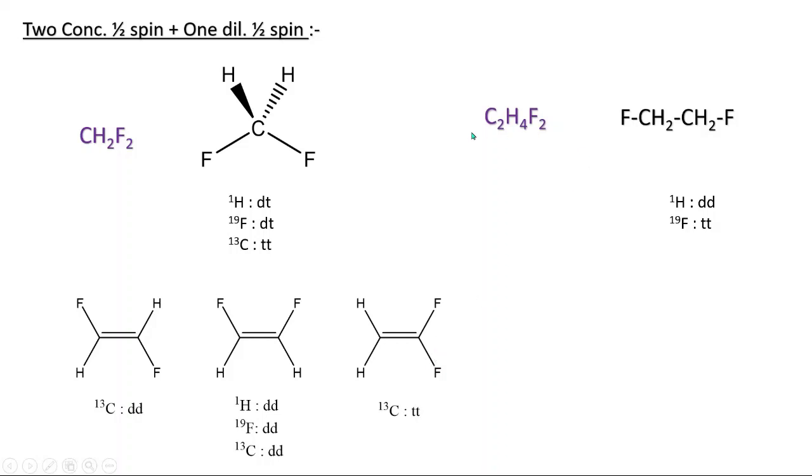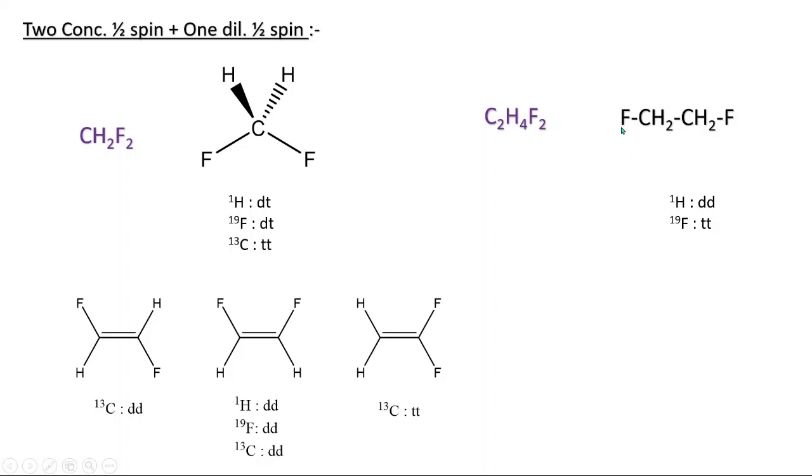Now if you see this example C2H4F2, the 4 hydrogens will give a doublet of doublet, and the 2 fluorines will give a triplet of triplet. This is very simple. For these 2 fluorines, some of the carbons will sometimes be 13C: this one carbon 12 and this one carbon 13, and sometimes this one carbon 13 and this one carbon 12.